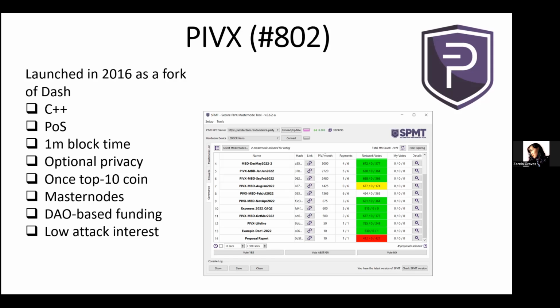Yeah, this code's on GitHub. Yes it is. You can fork it. Many people have. There's a PIVX Lite, if you can believe it. It's been forked off of PIVX. There's a Veil that's been forked off of PIVX. But one of the things that it does that's pretty cool is it has a treasury built into the cryptocurrency with voting by people who own the cryptocurrency on how that's spent.